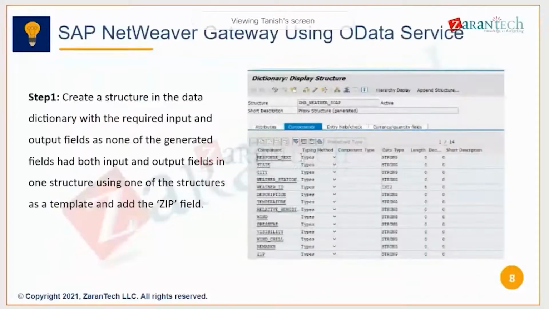So this is how you can create a service from a structure. Create a structure in the data dictionary, or pick any data structure that is available in the backend system, with the required input and output fields.